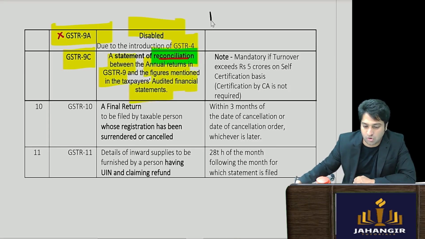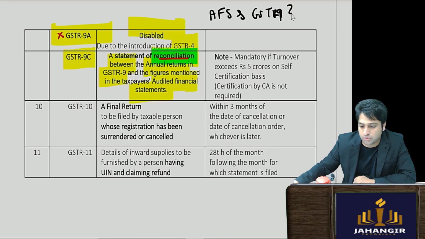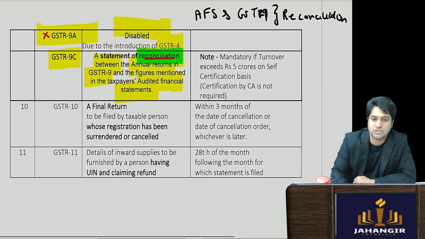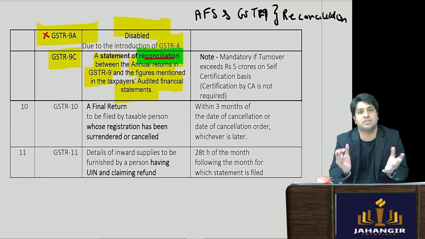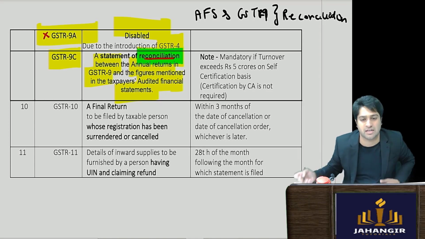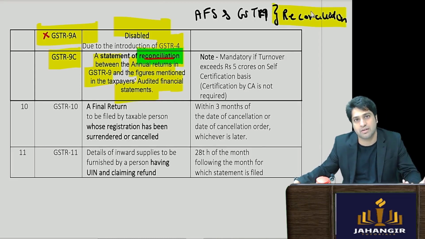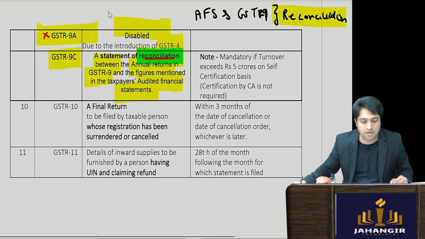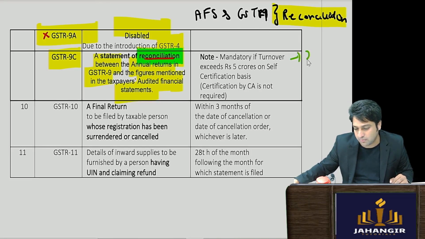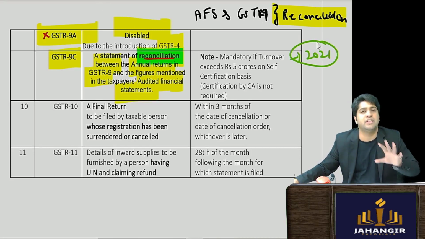So if I see the audited financial statements and your GSTR 9, what would you do? You would do a reconciliation. So a reconciliation simply means you will compare the figures, and if there are any mistakes, you will highlight them, etc. Now earlier this reconciliation was to be done by a chartered accountant, but now by the Amendment Act 2021, a chartered accountant need not do it.